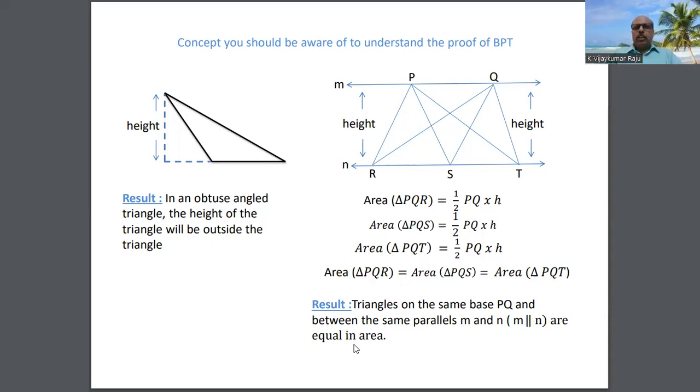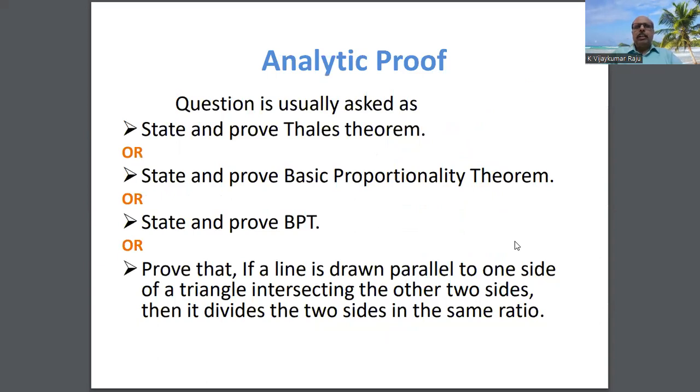The triangles on the same base and between the same parallels are always equal in area. So these are two concepts you need to note to understand the proof of the basic proportionality theorem. Now let us see the analytical proof of this theorem.